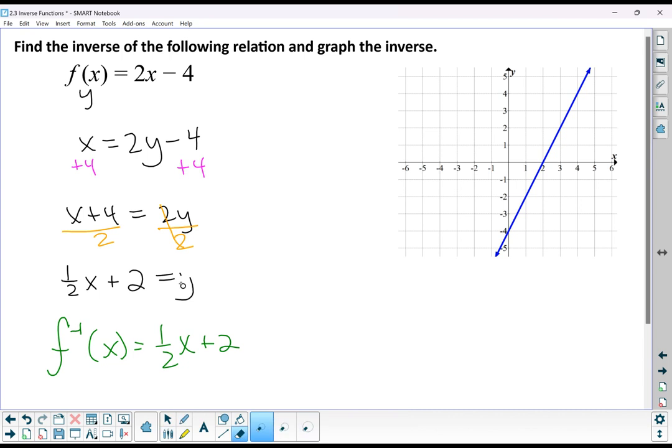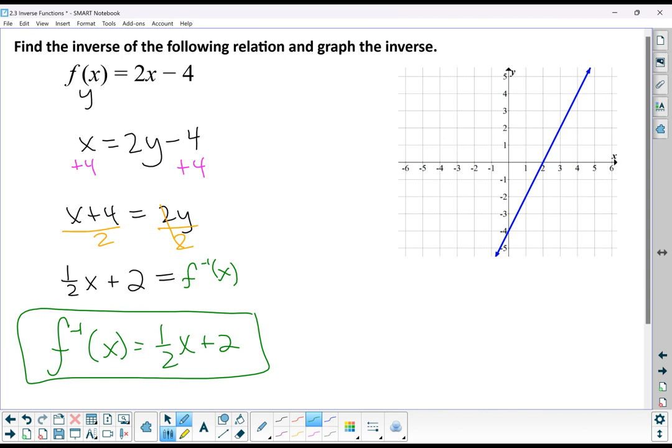When you get to this step, if you just want to put the f inverse of x there instead of the y, you can. Here's my inverse function. If I graph that, that is a y-intercept of 2 and a slope of 1/2.